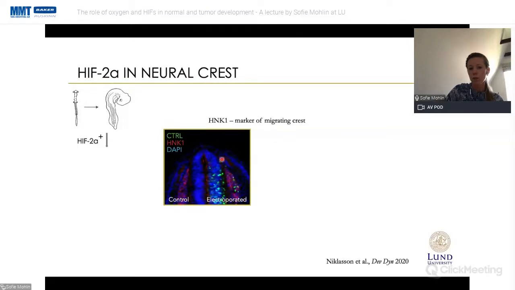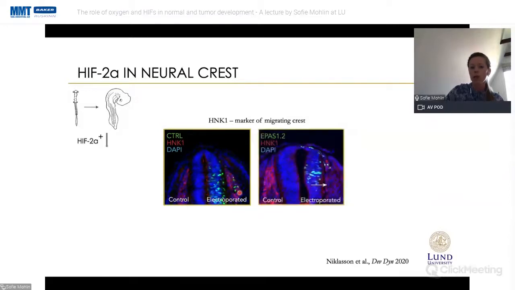So there's no difference between the internal control and the electroporated side. However, when we electroporate with a CRISPR construct knocking out HIF2, you can see in the control side the very beautiful HNK1 migrating cells, whereas these are basically absent in the electroporated side.